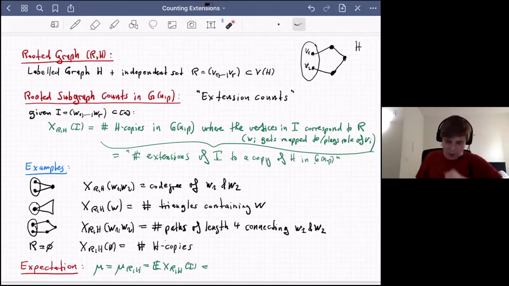This is the natural extension of the notion we discussed, like degrees, where you think of the number of edges containing a given vertex.